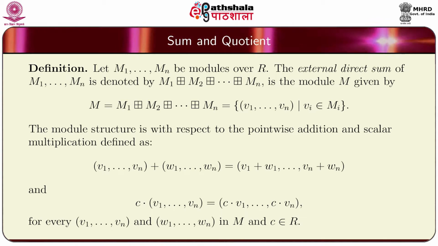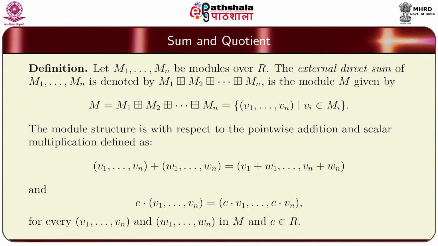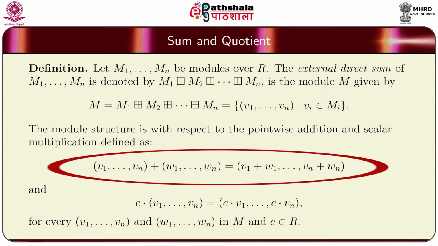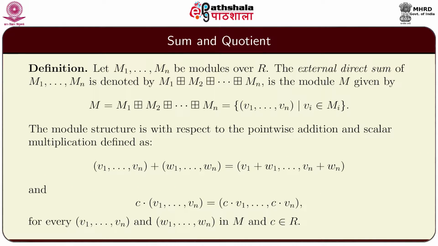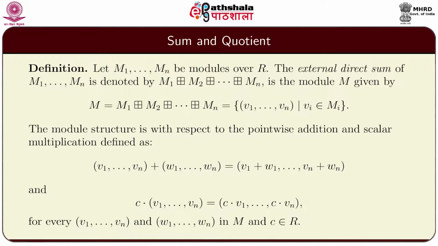The module structure is with respect to the pointwise addition and scalar multiplication, defined as follows: for an n-tuple V1, V2, Vn and an n-tuple W1, W2, Wn, the addition is defined as V1 plus W1 and so on, Vn plus Wn, and c dot V1, V2, Vn is cV1, comma, and so on up to cVn. This is for every n-tuple V1, V2, Vn, W1, W2, Wn in M and c in the base ring R.